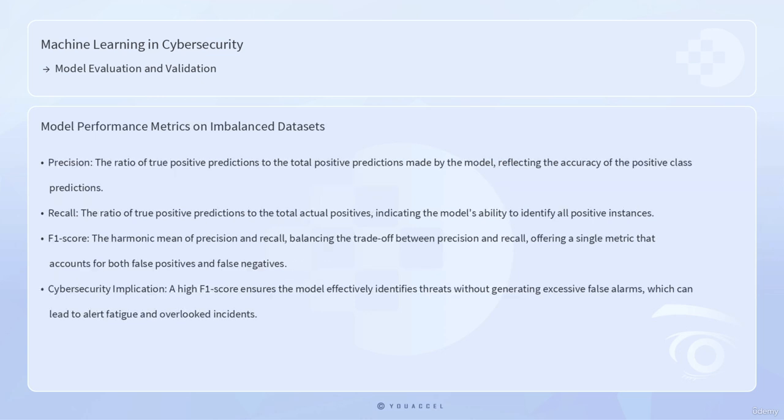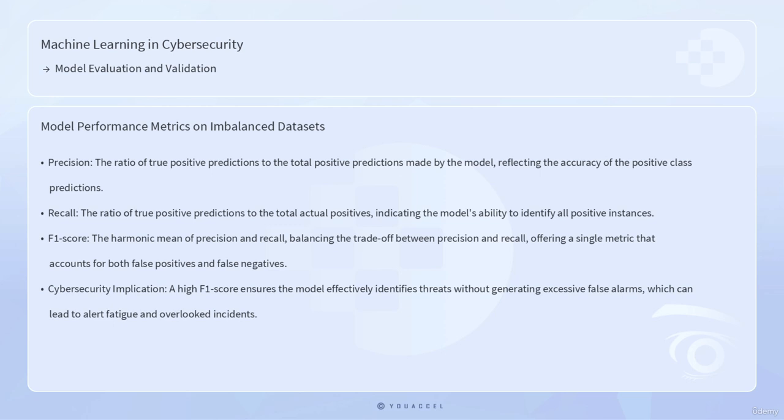Precision and recall provide deeper insights into the model's performance on imbalanced datasets. Precision is the ratio of true positive predictions to the total positive predictions made by the model, reflecting the accuracy of the positive class predictions. Recall, on the other hand, is the ratio of true positive predictions to the total actual positives, indicating the model's ability to identify all positive instances.